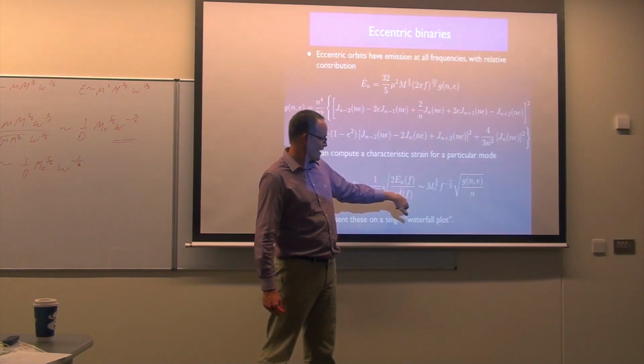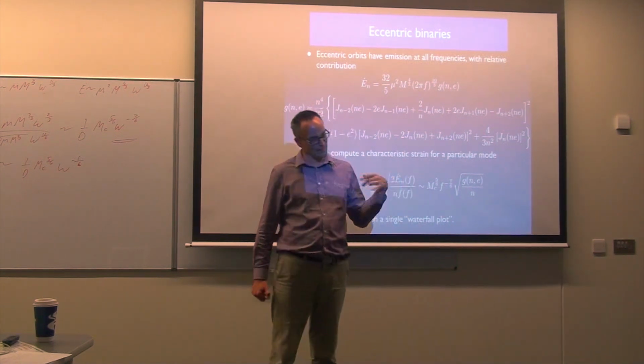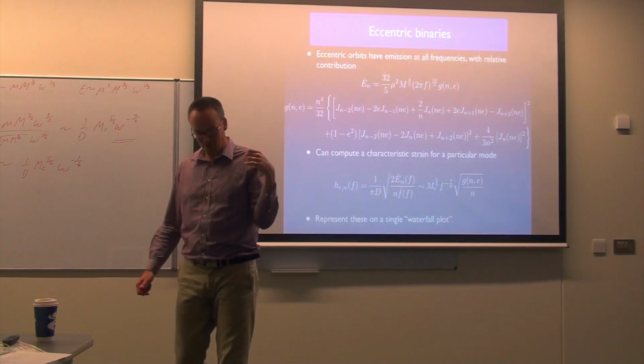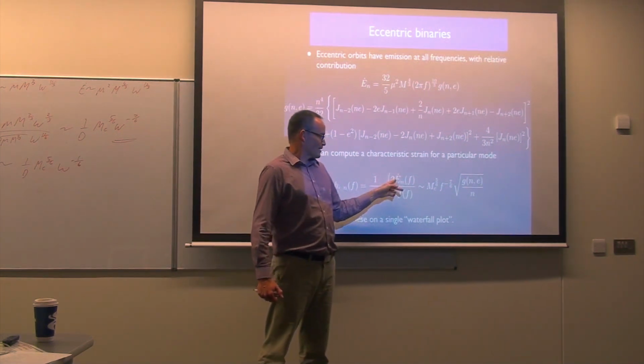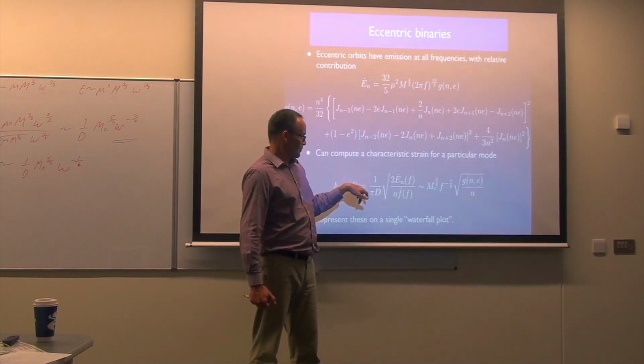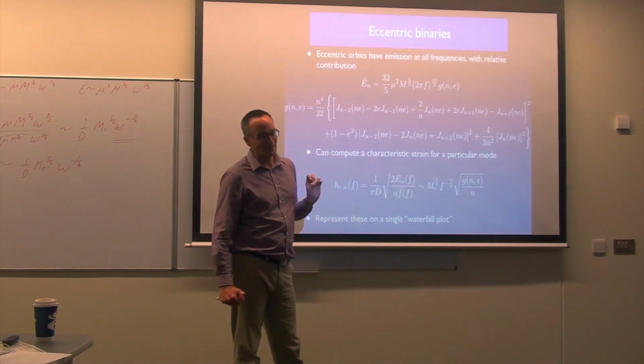The reason that this is n f dot is because here in the denominator is the rate of change of the frequency of that particular harmonic. And so this is the argumentation of f, basically.